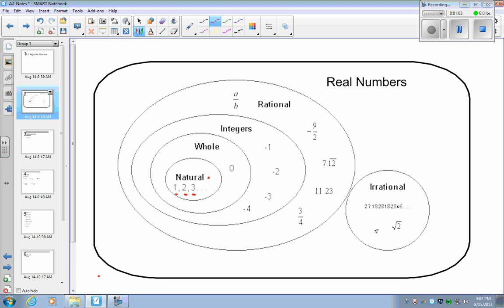But then they had to come up with the concept of 0. 0 doesn't naturally occur, so they called those the whole numbers. Then they moved on with integers for negatives. So they needed negatives for things like negative temperature or to show debt. Okay, you owe me money, or you owe me land, or you owe me cattle, different things like that.